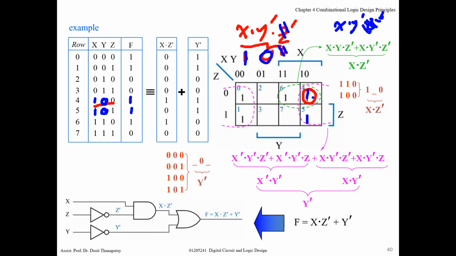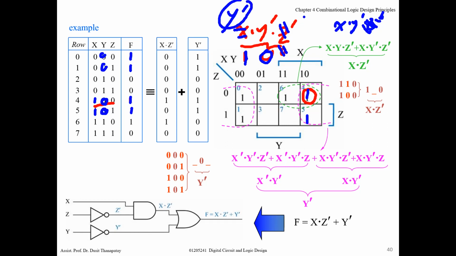If I remove one more variable, for example x, this product term becomes y prime. This term will be 1 when y is 0, and the inputs with y equal to 0, namely 0 0 0, 0 0 1, 1 0 0, or 1 0 1, also make function f be 1. That means y prime implies f.